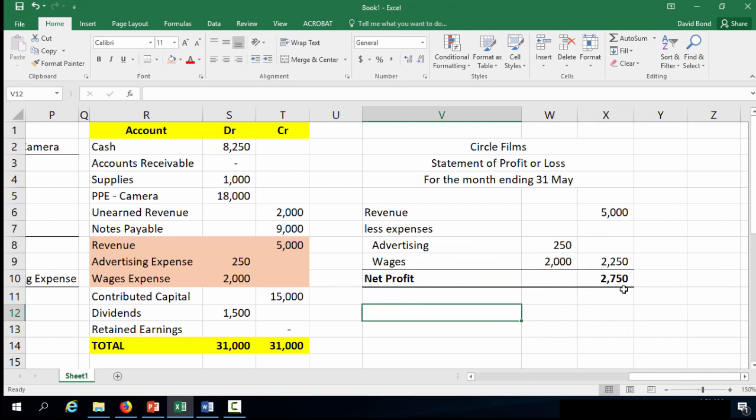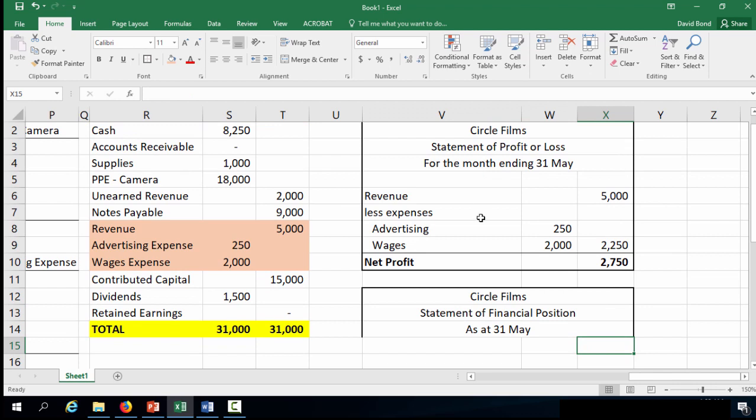Fairly roughly formatted, but what we have is revenue of 5,000, expenses of 2,250, and net profit of 2,750. It's important in this case, statement of financial position is as at, as opposed to for a period of time.